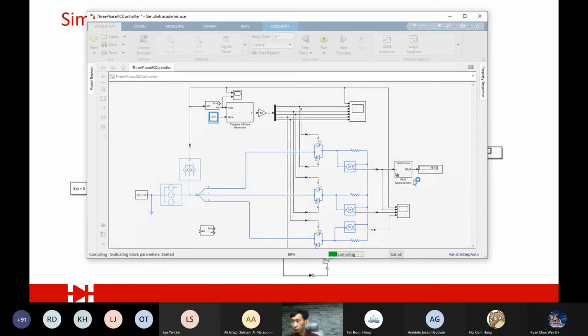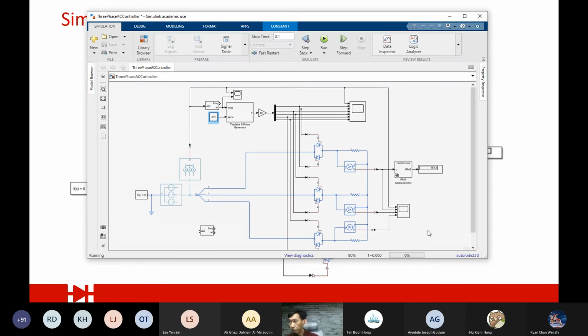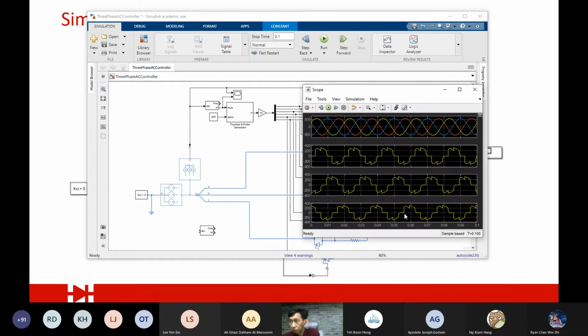Of course, this is RMS to calculate just one of the phase outputs. Yeah, the lower the firing angle, the higher the wattage. Okay, so it looks something like that. Again, very much distorted.